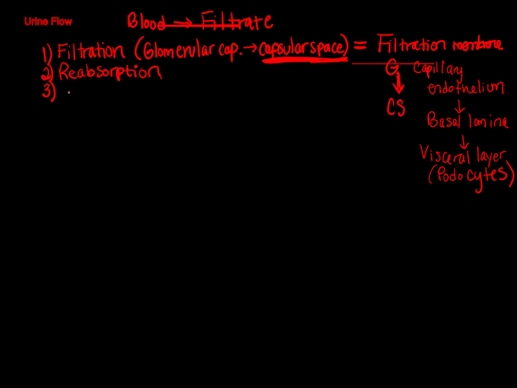And so we're going to want to reabsorb a lot of that. And last but not least, secretion. And so let's take a look at which parts of the nephron are responsible for doing what in order.